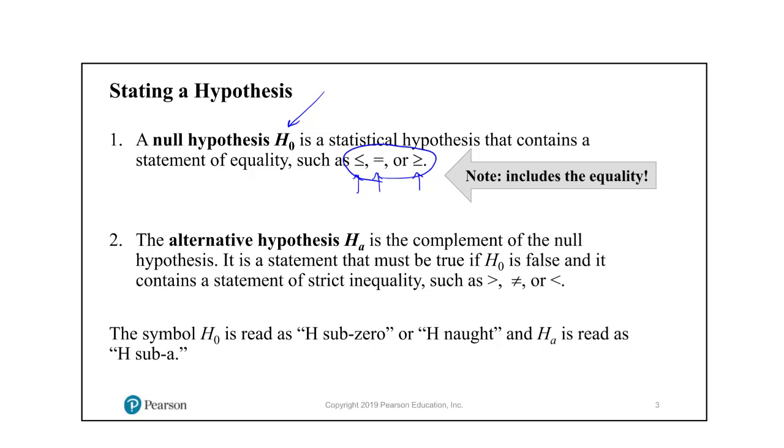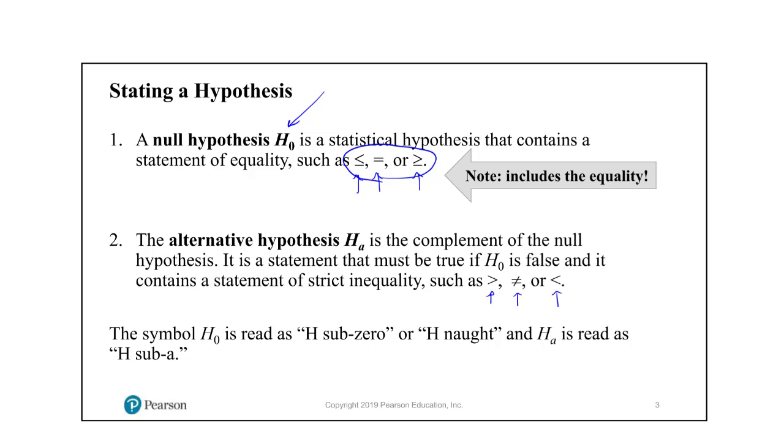Has to be. Then the alternative hypothesis is the complement of that. So it's everything else, which would have things that don't involve the equality. That would be strictly greater than, not equals to, or strictly less than.